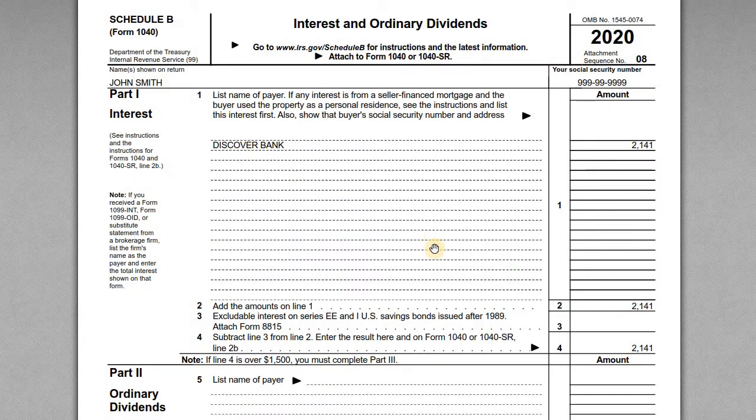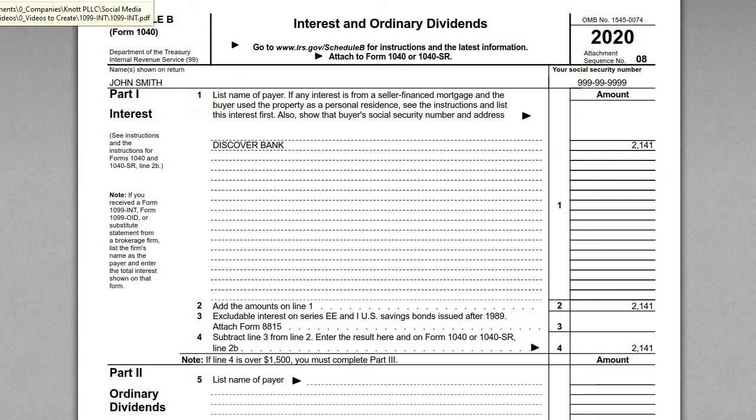Schedule B, interest and dividends. In Part 1, where we report the interest income, even if you have less than $10 in interest from some source, you should still list it here and report the earnings, right? Because as a taxpayer, you're obliged to report all of your income from whatever source derived. So even if you earned $1, technically, under the IRS rules, you have to report it here, okay?